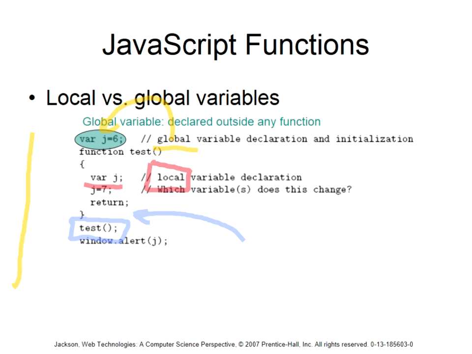What represents this instruction? This is a call to the function. Yes, we will call the function test. That means we will execute the function test. So in this case, the value of g will be 6 or 7.